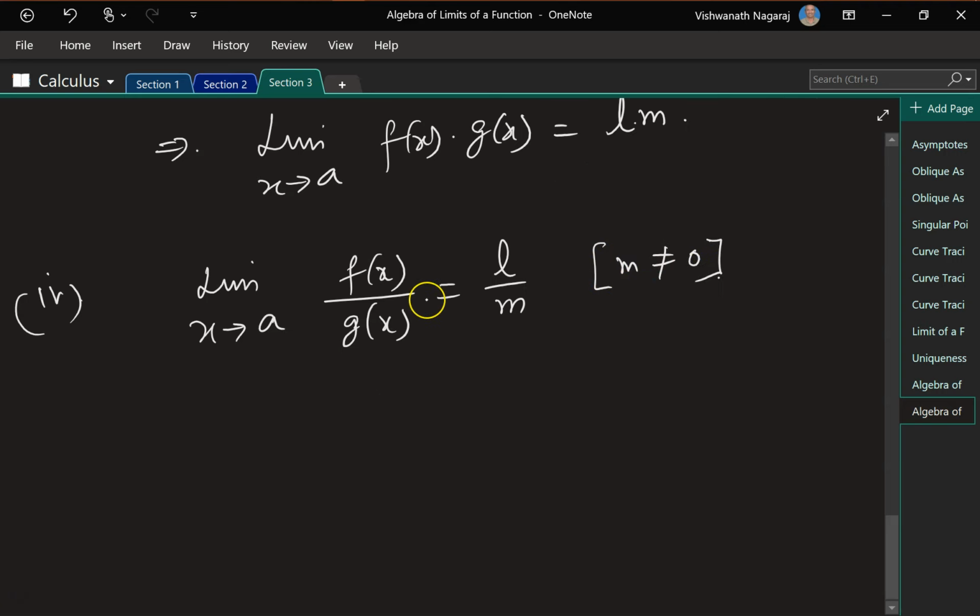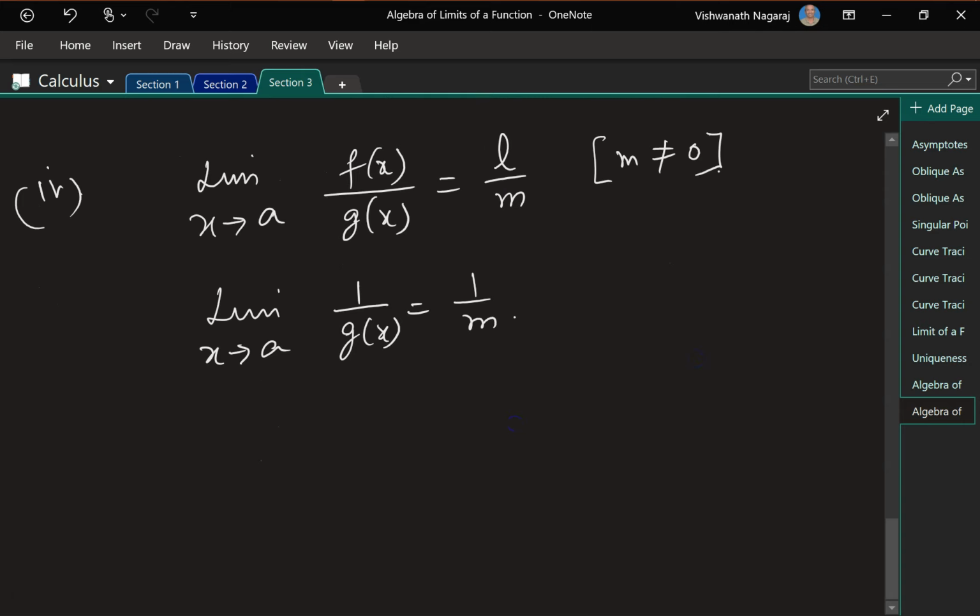Now first what we'll do is we'll ignore f(x) and L. First we'll try to prove that limit as x approaches a of 1 by g(x) is equal to 1 by m. Then it's just a question of multiplying.